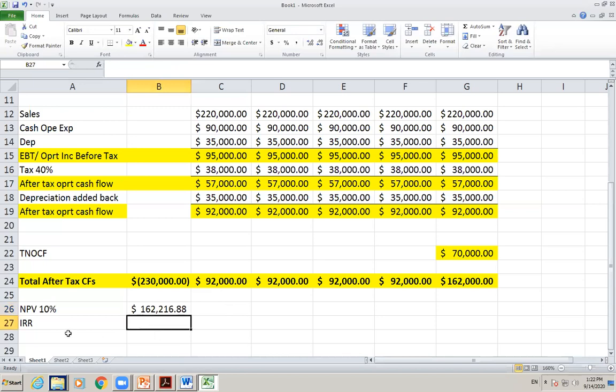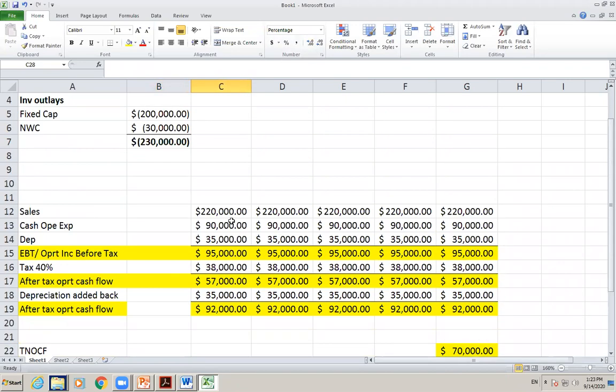And our IRR, still, IRR is easy to interpret. However, it has some pitfalls. But our reliance will be on the NPV. Our decision will be based on the NPV. So our IRR is 32.70%.